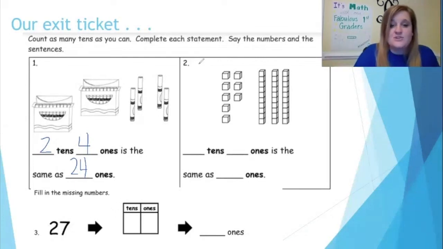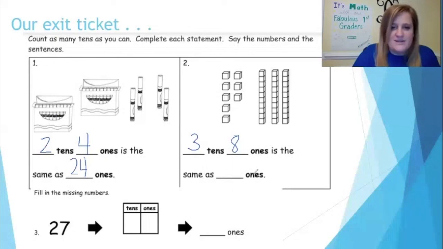Great. Number 2. So they've reversed the order. I hope it didn't trick you. We have to count the tens first. So we need to count the rods. So we have 1, 2, 3 tens. How many ones did you get? Let's count them. 1, 2, 3, 4, 5, 6, 7, 8. 8 ones. 3 tens and 8 ones is the same as blank ones.